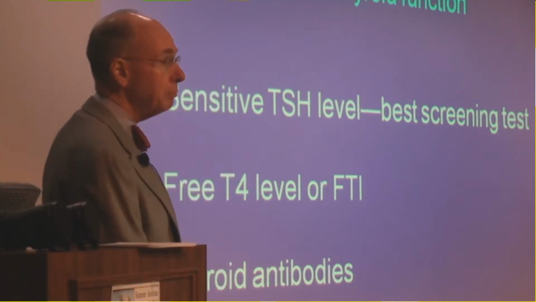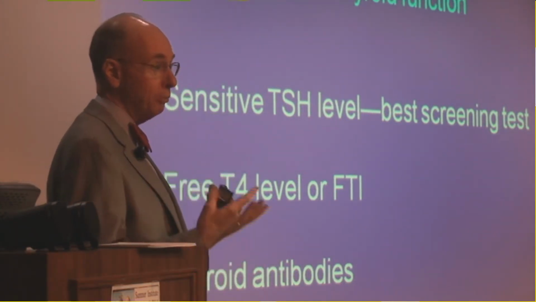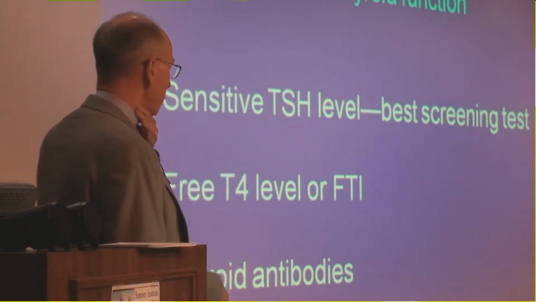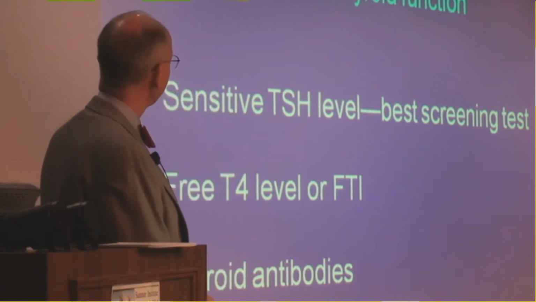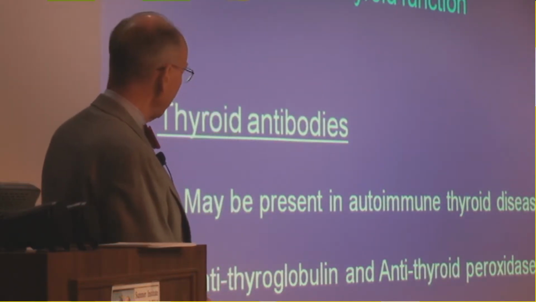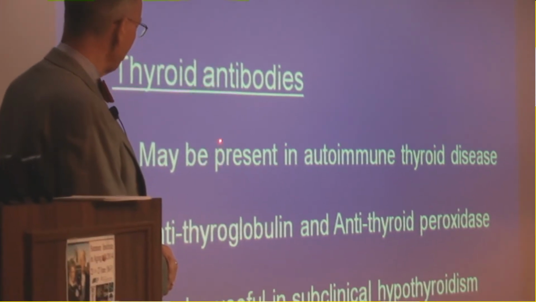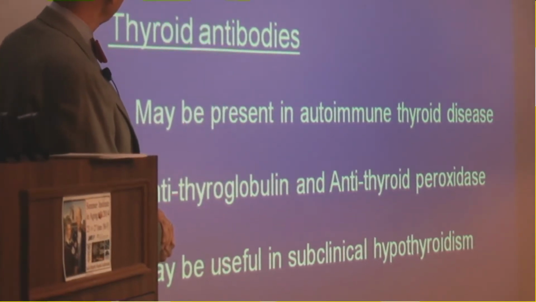Sometimes if we think maybe they might have Graves' disease or Hashimoto's thyroiditis, maybe we should do some antibody tests or even a scan. And these are the antibodies, so maybe these might give a little bit of an idea on what's going on with your thyroid.